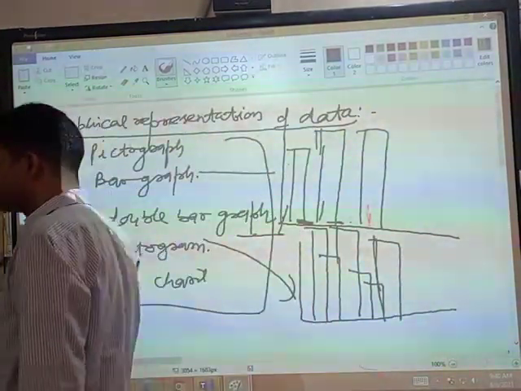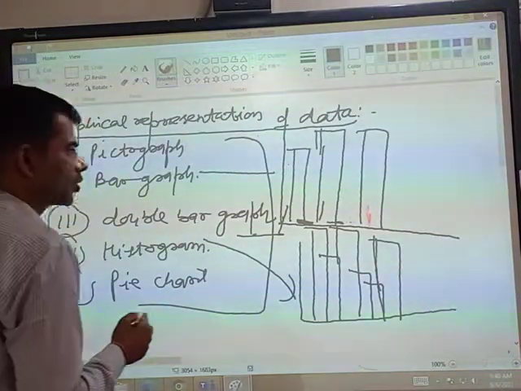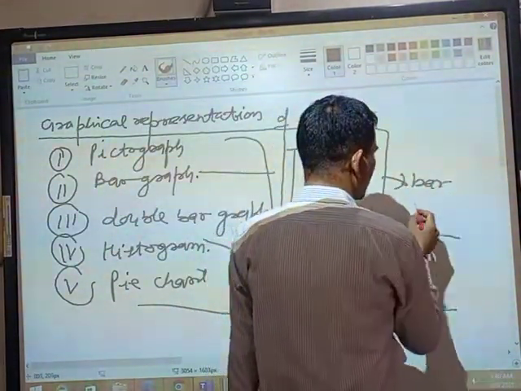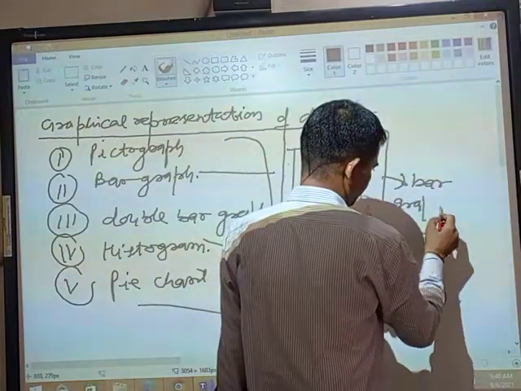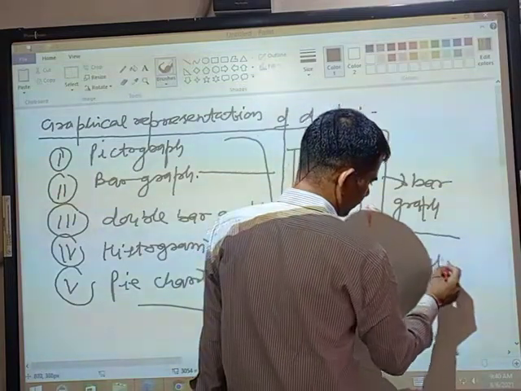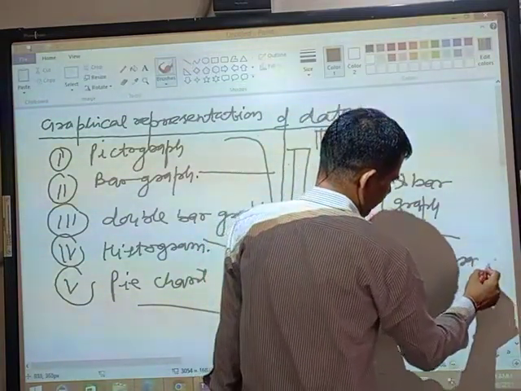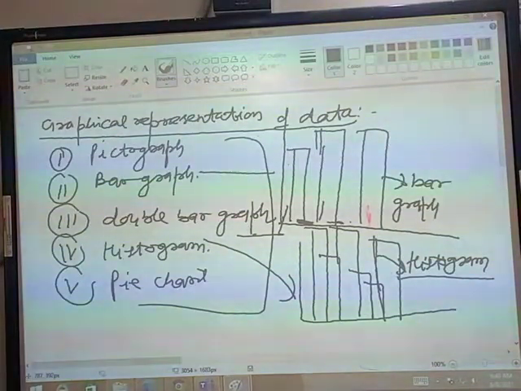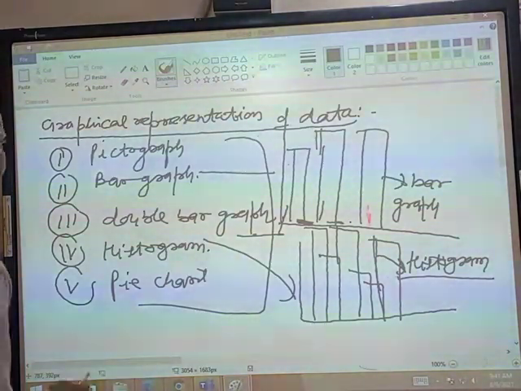Any problem? This is your bar graph, and this is your histogram. Now I am starting exercise 5.1.